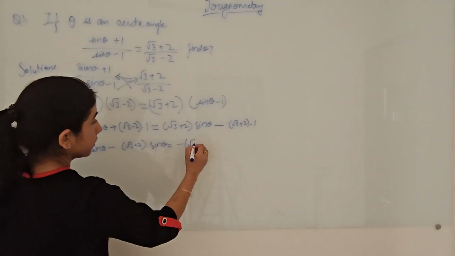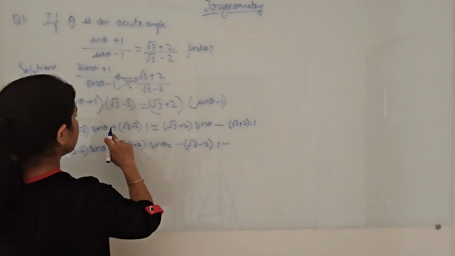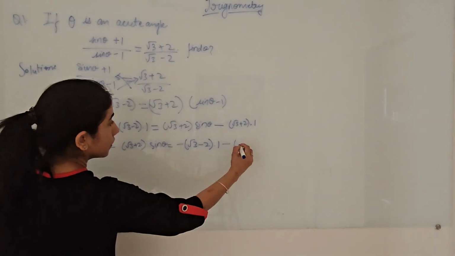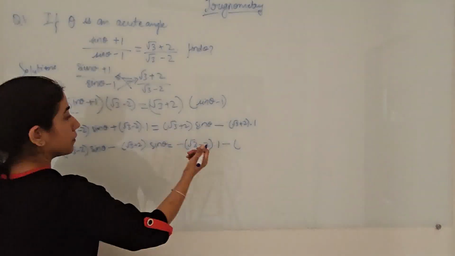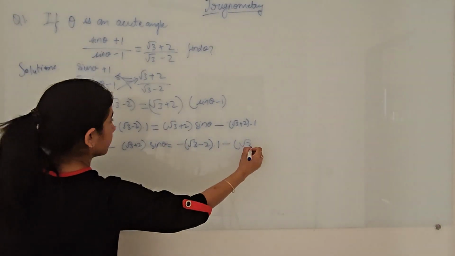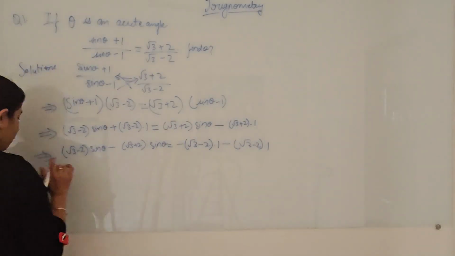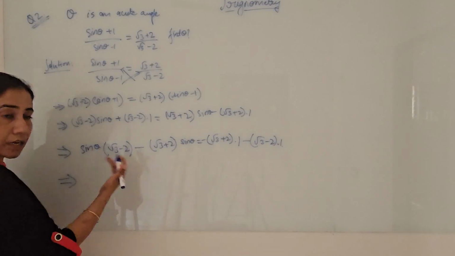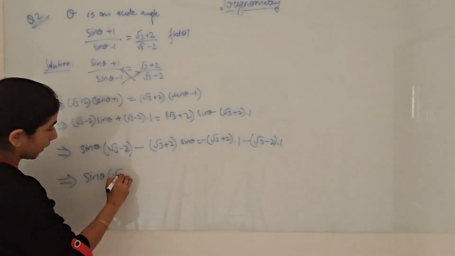Here already it is given dot 1, and this went on the RHS part, so it became from plus to minus, (root 3 minus 2) dot 1.